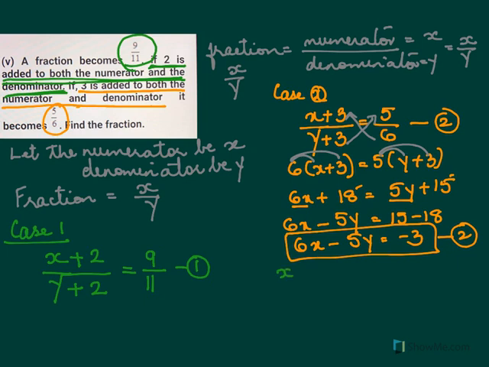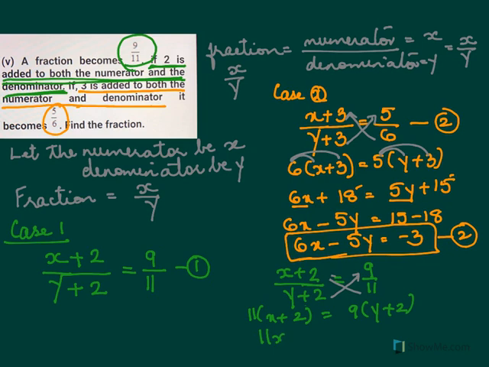Here the first equation was (x plus 2) over (y plus 2) equal to 9 by 11. Now we cross multiply, so we have 11 times (x plus 2), and on the other side 9 times (y plus 2).